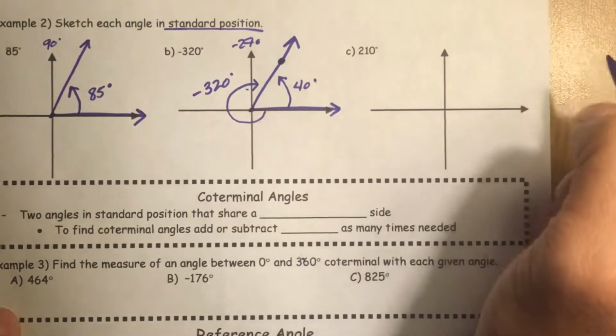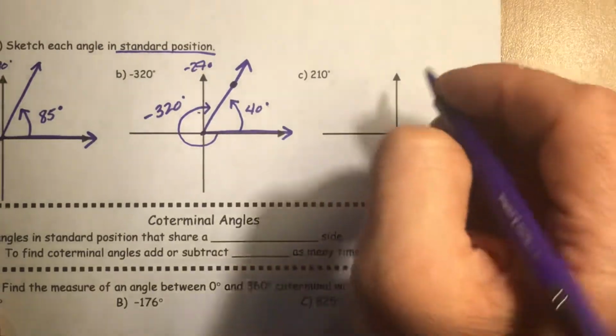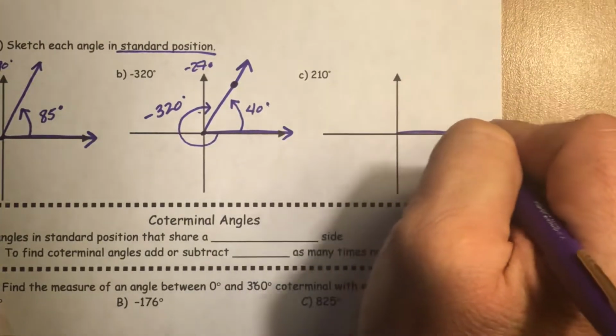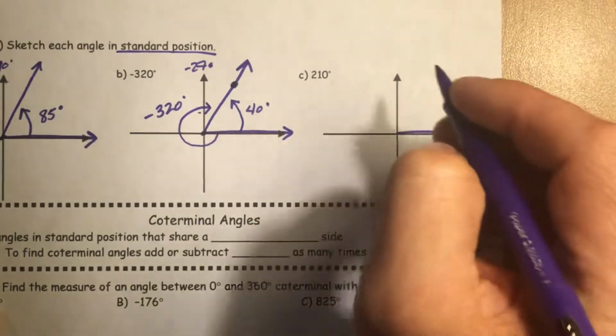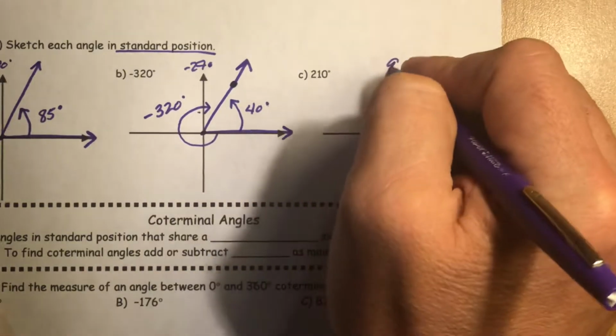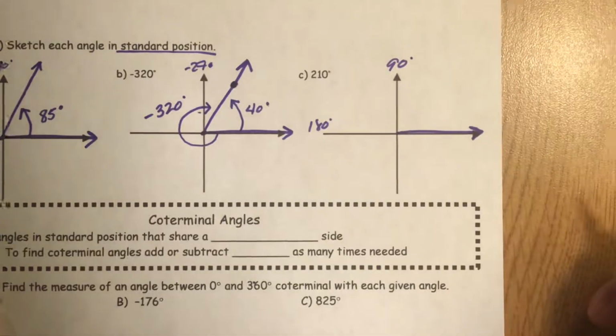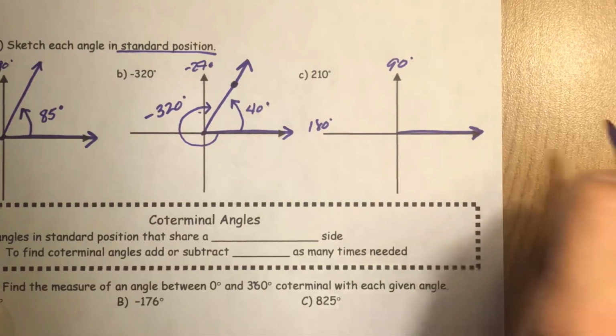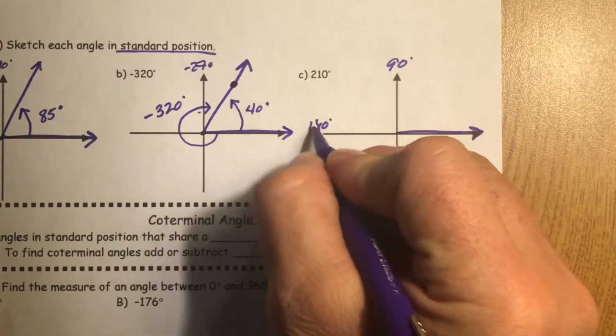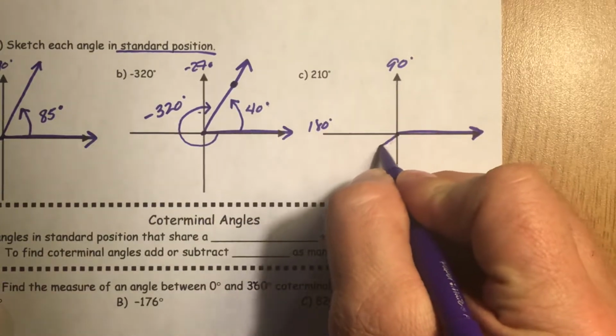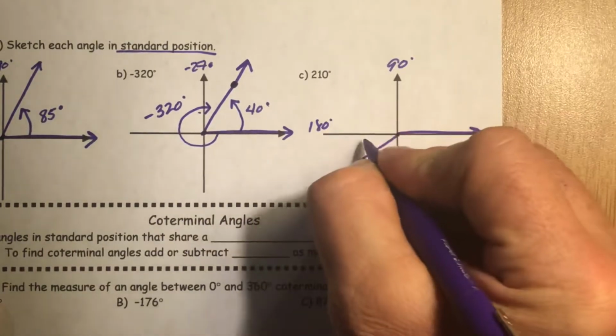Okay, C, 210 degrees. All right, we're going to start in our standard position. All right, this is going to be 90, 180. Okay, I need to go to 210. So let's see here. From 180 to 210 is 30. So I just have to go another 30 degrees.